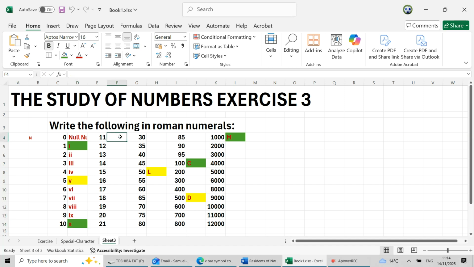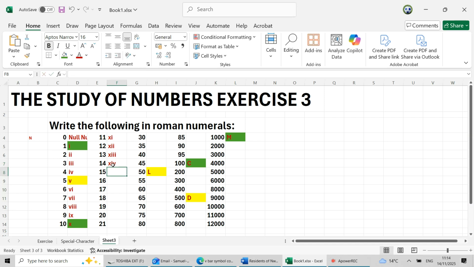Now 11 is X for 10, and we need to add 1 on the right. That is 11, and then 12. You just keep on doing it like that. 13 is XIII, and 14 is 10 plus 4, and 4 is IV. That's 14 for us.